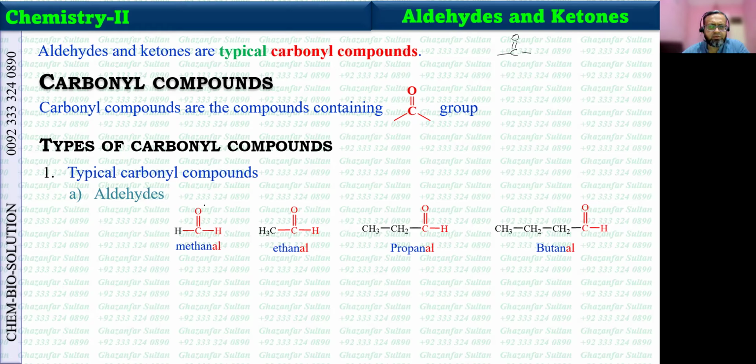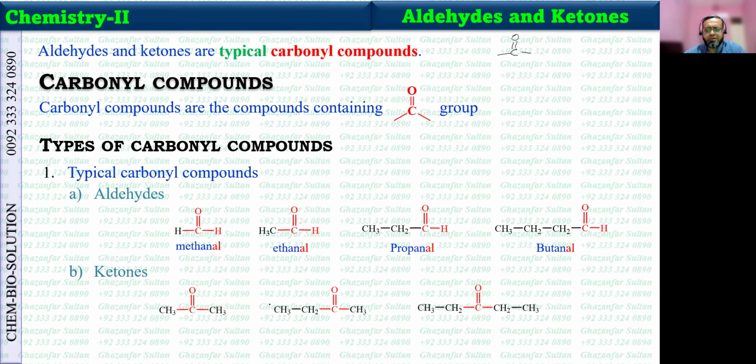Another type of typical carbonyl compound is ketone. In ketones, the smallest ketone is acetone, or propanone. Why? Because in a ketone, it is a must that both valences of the carbonyl carbon are saturated with other alkyl groups or other carbon atoms.